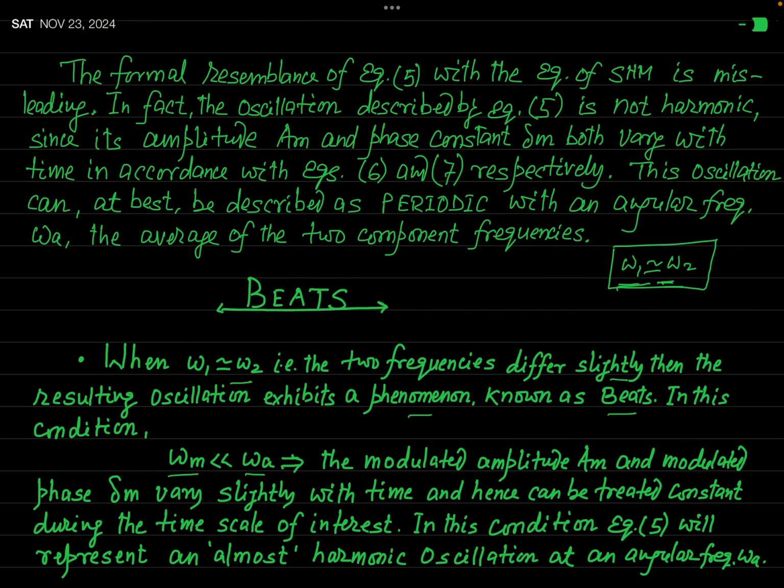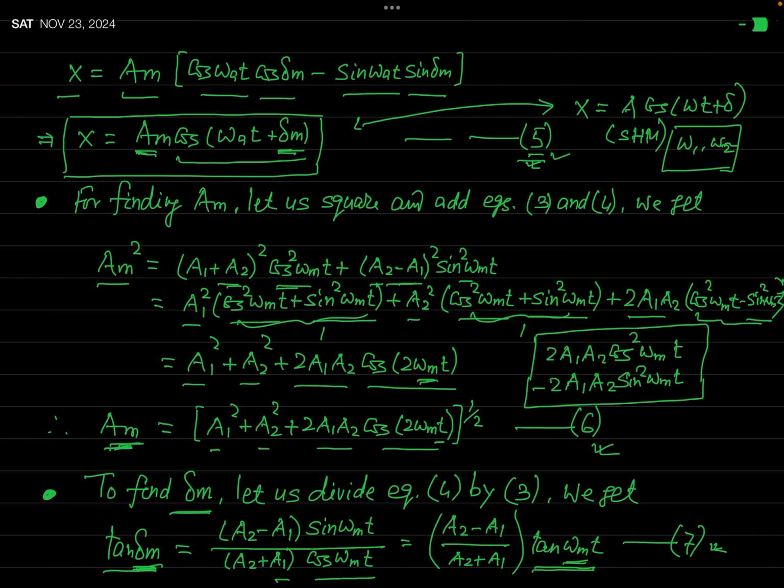So I have written it here. You can see the amplitude AM and modulated phase delta m vary slightly with time and hence can be treated as constant during the time scale of interest. And so if delta m is almost time independent and omega m is also time independent, in this condition AM and delta m may be treated as constants.